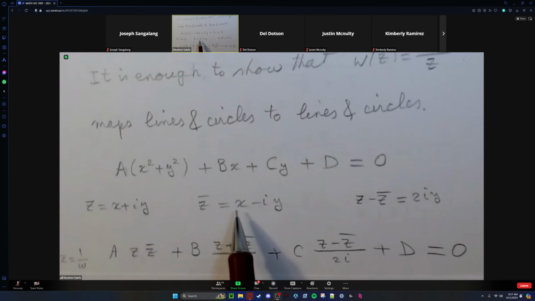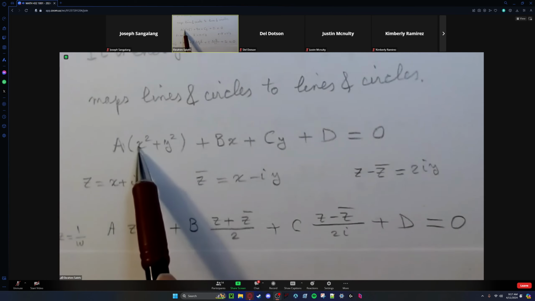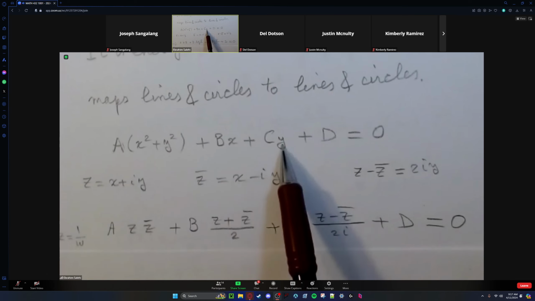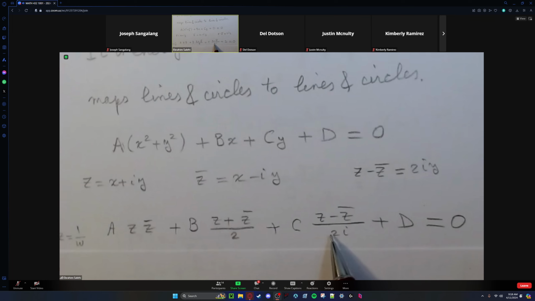If you add these two, you get x. If you subtract these two, you get y. And here is d. So I replace this one by z bar, this one here, and this one here. So that is the equation of a line or circle in terms of z and z bar.